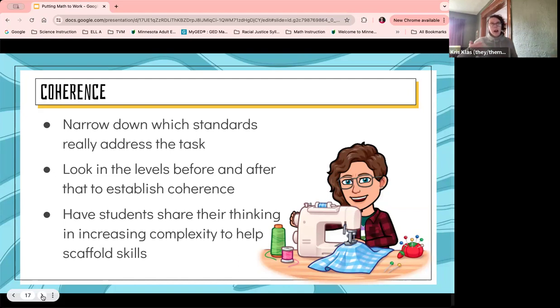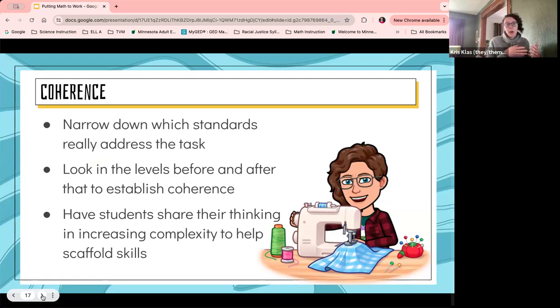I also think that when you're working on these tasks in class, we can be intentional about how students share the work that they have done. I really tried to take advantage of the different levels of math knowledge and proficiency that the students had to do the scaffolding for me.